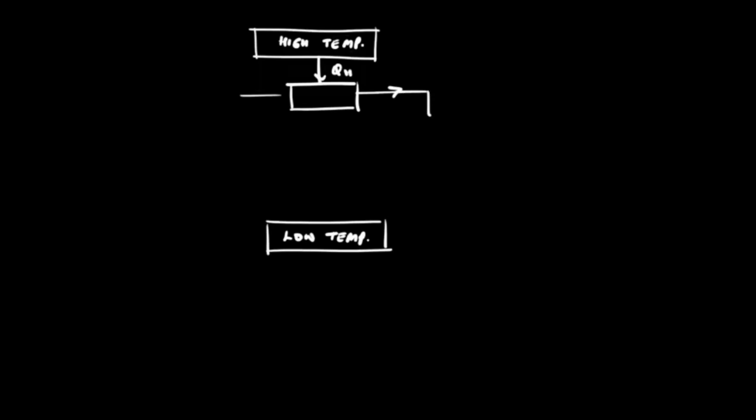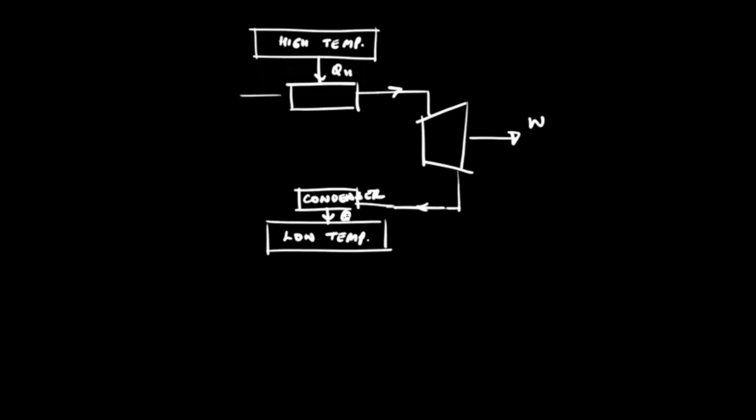heat the working substance, which is fed to this turbine that produces net work, and the exhaust of the turbine, so whatever comes out of the turbine, goes into the condenser that rejects heat, let's say QL, to the low temperature reservoir, and then we have a pump or a compressor that pumps the working substance back into this boiler.